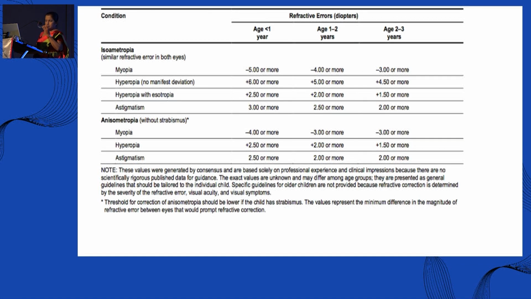There is a chart, like Dr. Manoj said, depending on the age and refractive error, how much you are going to correct. I am not going into that because I think my next speaker will be talking about the correction of myopia and how to correct it.